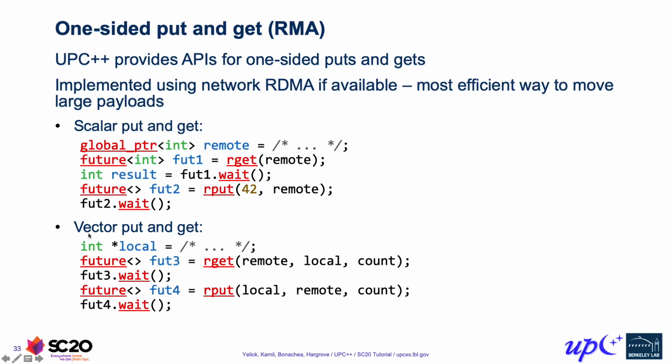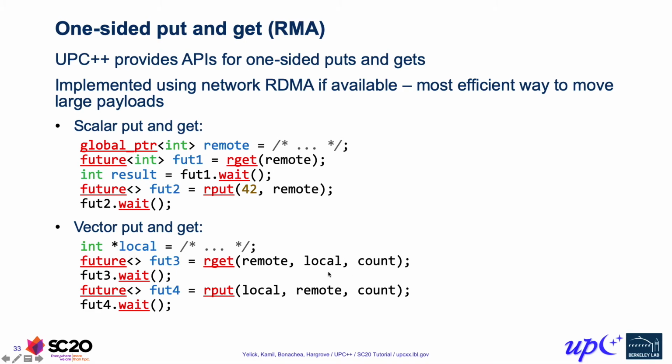So for the vector versions, it's similar, except now we're giving it some source address, some destination address, and also a count of the number of elements to transfer. So in the case of rget, the source address is a global pointer, again, potentially referencing something remote. The target is a local pointer on the current process, and so that's just a standard C++ pointer.